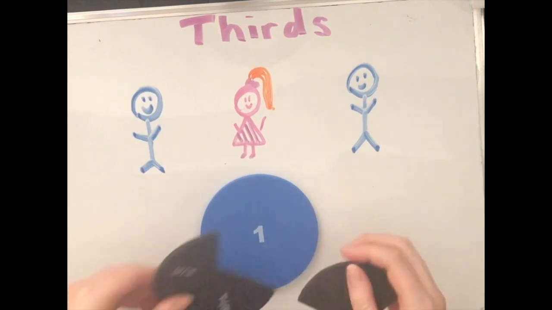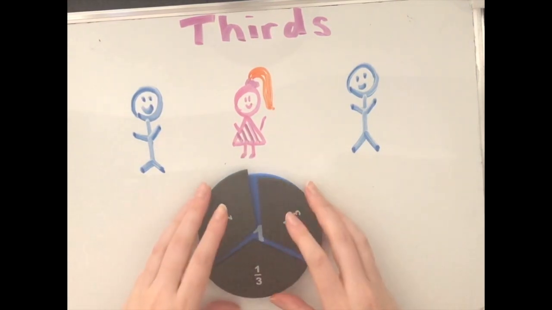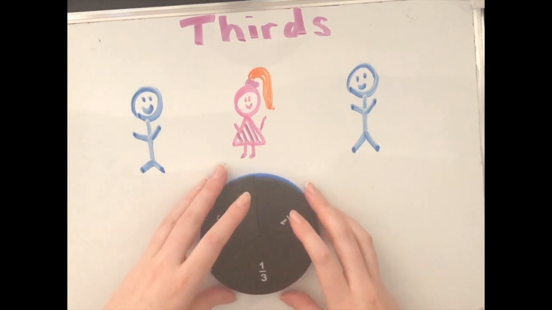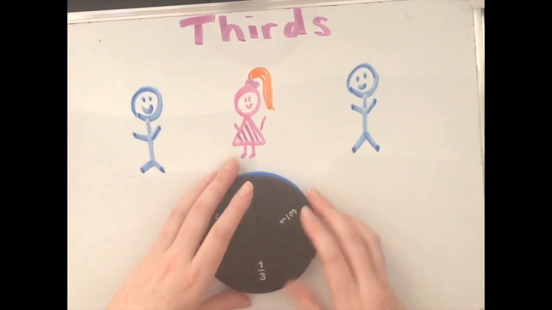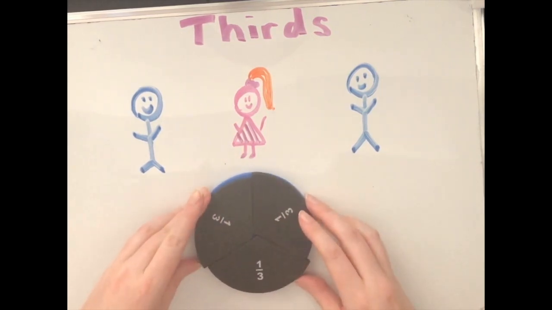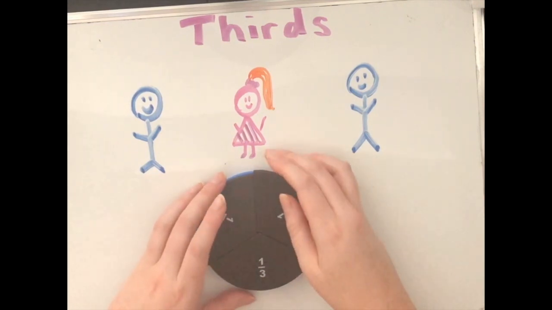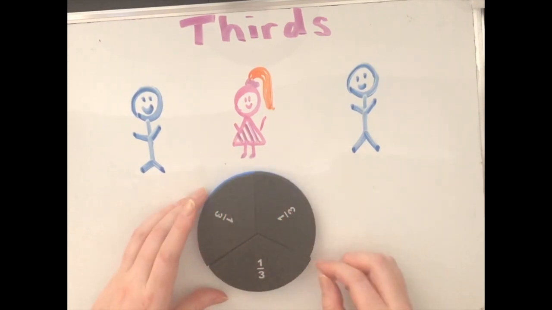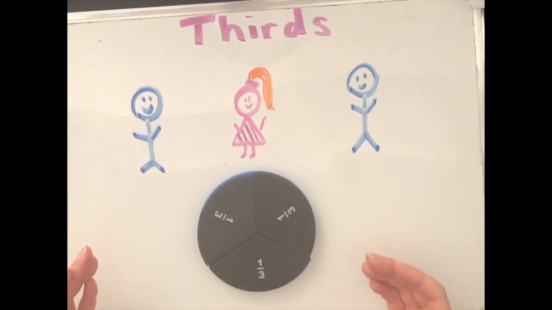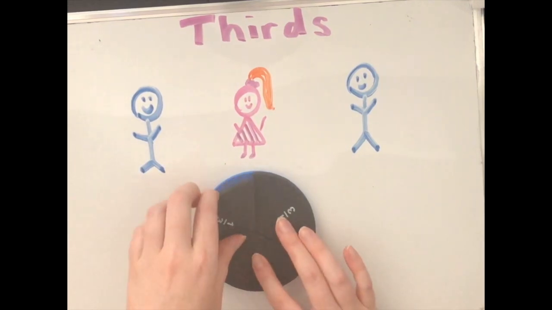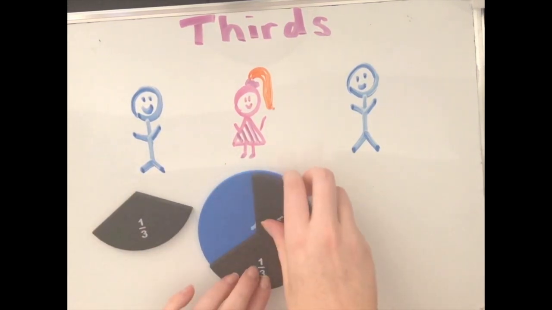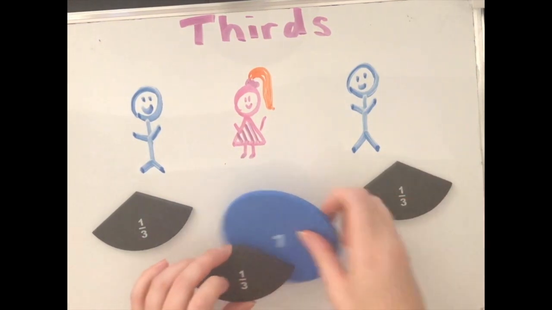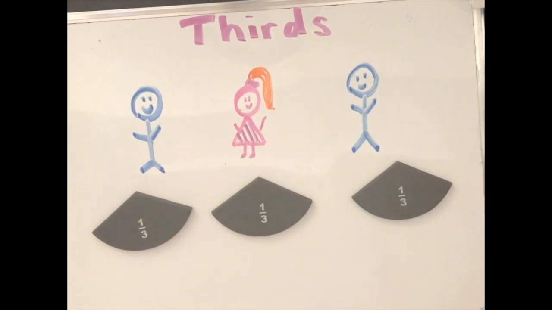So here are my thirds. I have 3 of them. Okay, as you can see here, when we put the thirds together, they equal 1 whole. It's exactly the same. So let's give 1/3 to Tom, 1/3 to Jerry, and 1/3 to Katie. Do they all have the same amount of pizza? Yes, they do.